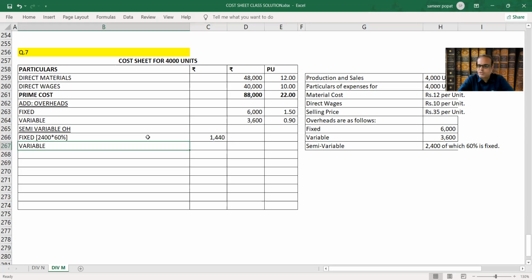So that is 1,440, that is fixed. Remaining 40% of 2,400 automatically becomes variable. So 2,400 into 40% is your variable cost. And if I take the total, that would be 2,400, which is given to us. Let us divide this 2,400 by 4,000 units. We'll get per unit 0.6.